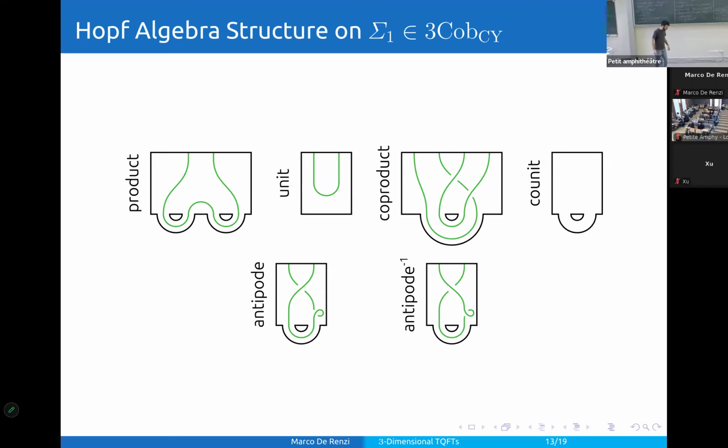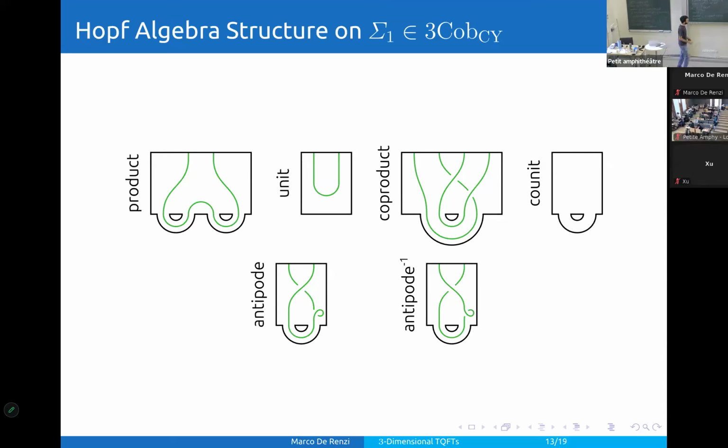And the twist, if you represent it by a small kink, is compatible with the braided structure and the duality, and you are free now to think about morphisms in a ribbon category as framed tangles: pieces of strings with a framing that you can deform by isotopies that preserve the frame.